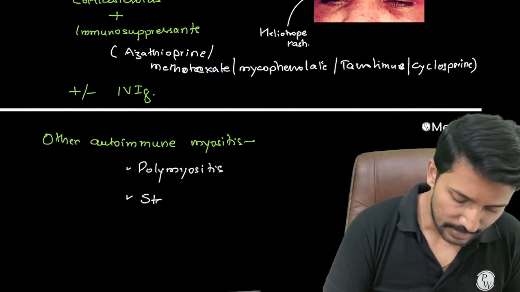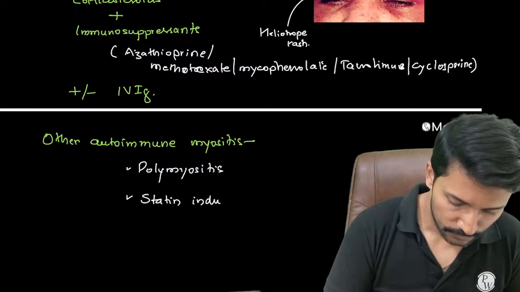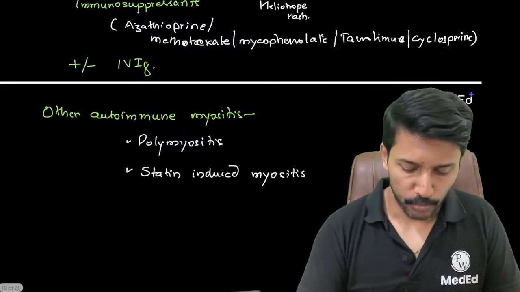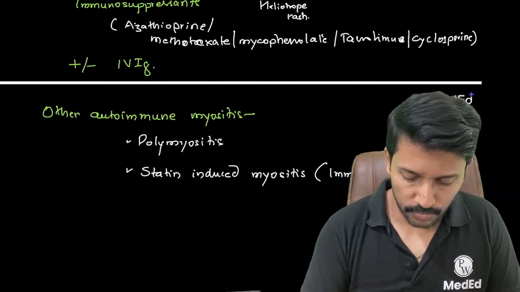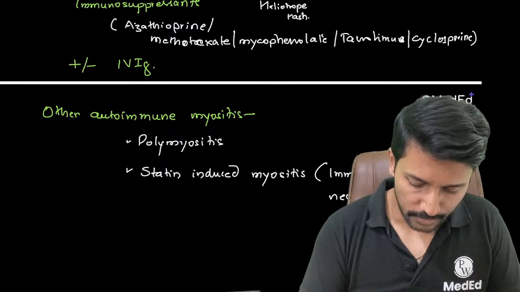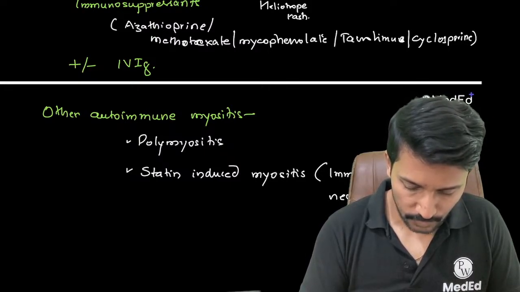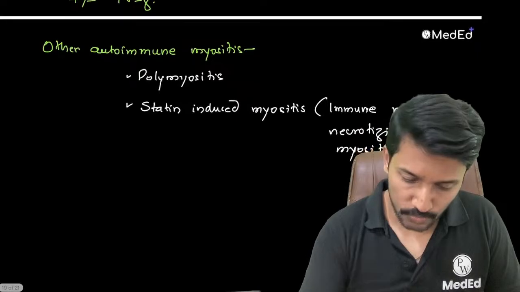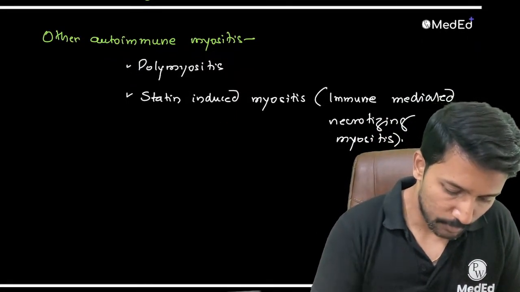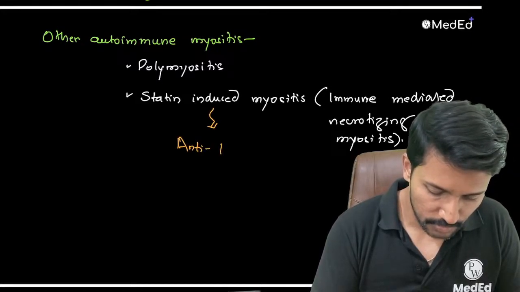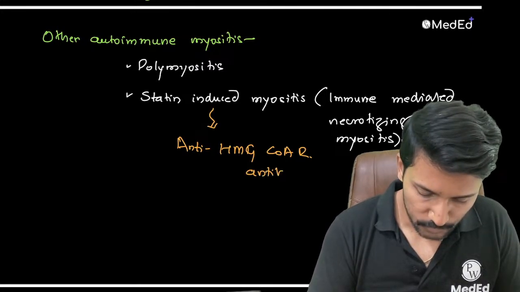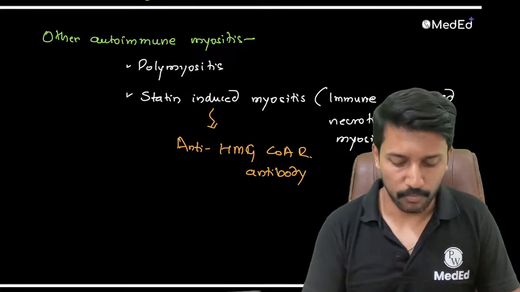The drug is statin. Statin induced myositis, which is also called immune mediated necrotizing myositis. In these patients, there is an antibody against the HMG-CoA reductase enzyme, so we have anti-HMG-CoA reductase antibodies.